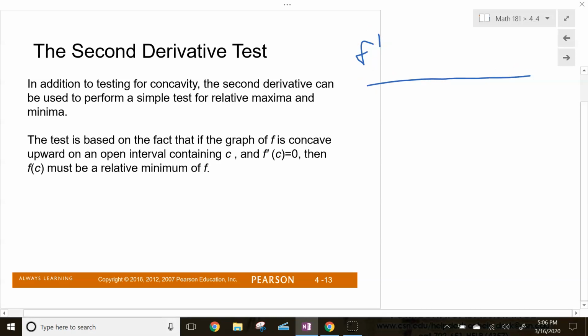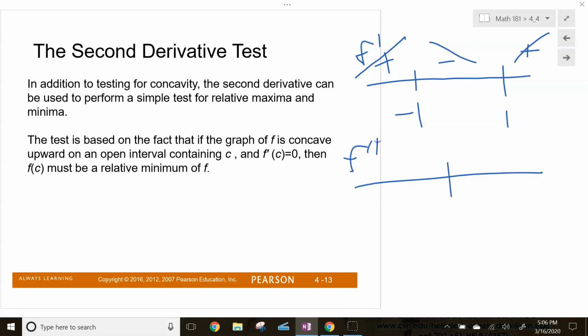So let's say here's your function. Critical points are -1 and 1. It increases, then it decreases, and then it increases. And the second derivative is concave down and then concave up.